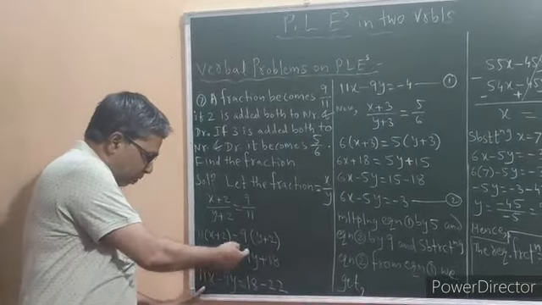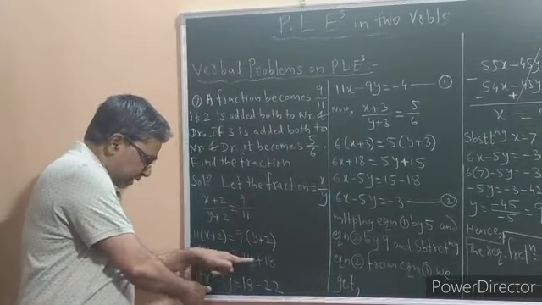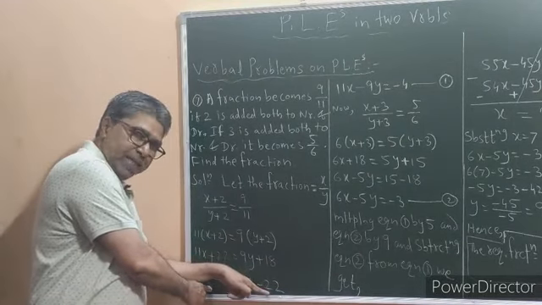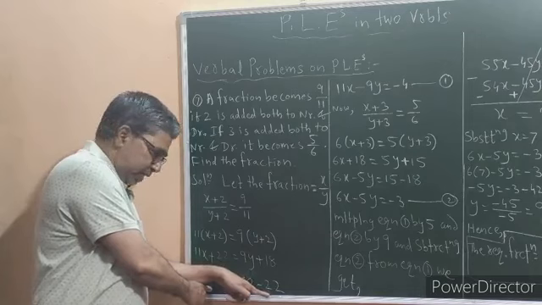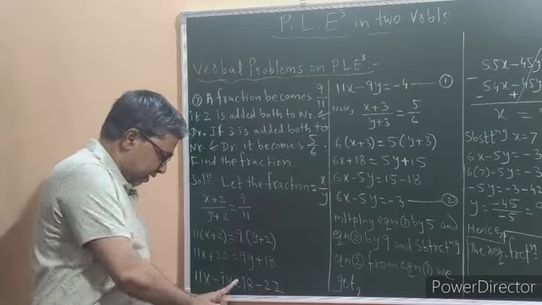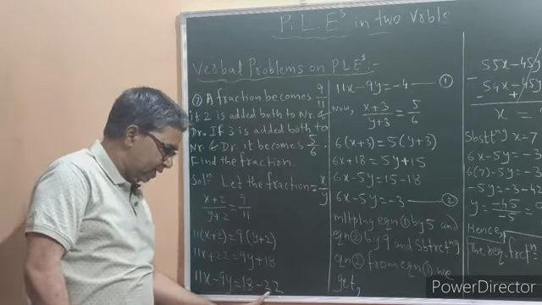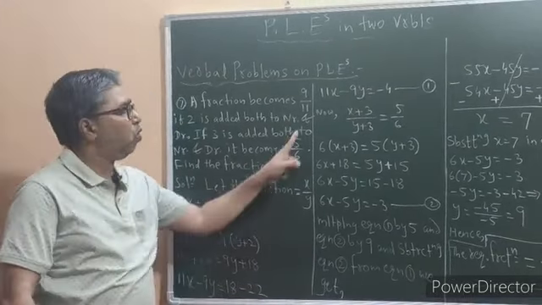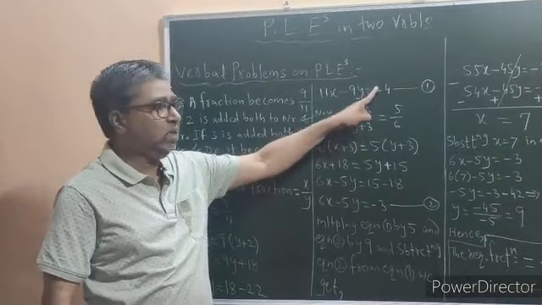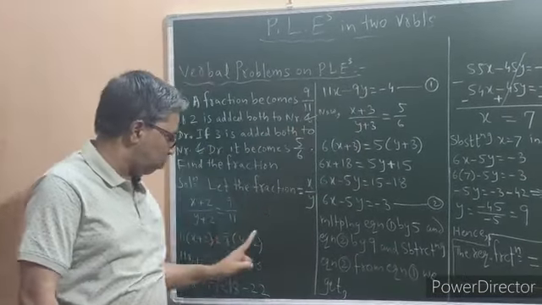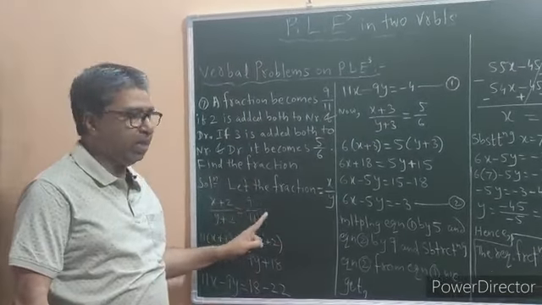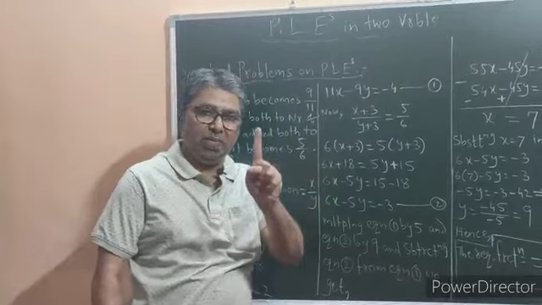So 11x minus 9y is equal to 18 minus 22, which will be minus 4. 11x minus 9y is equal to minus 4. This is the simplified form of x plus 2 upon y plus 2 is equal to 9 upon 11. Call this equation number 1.